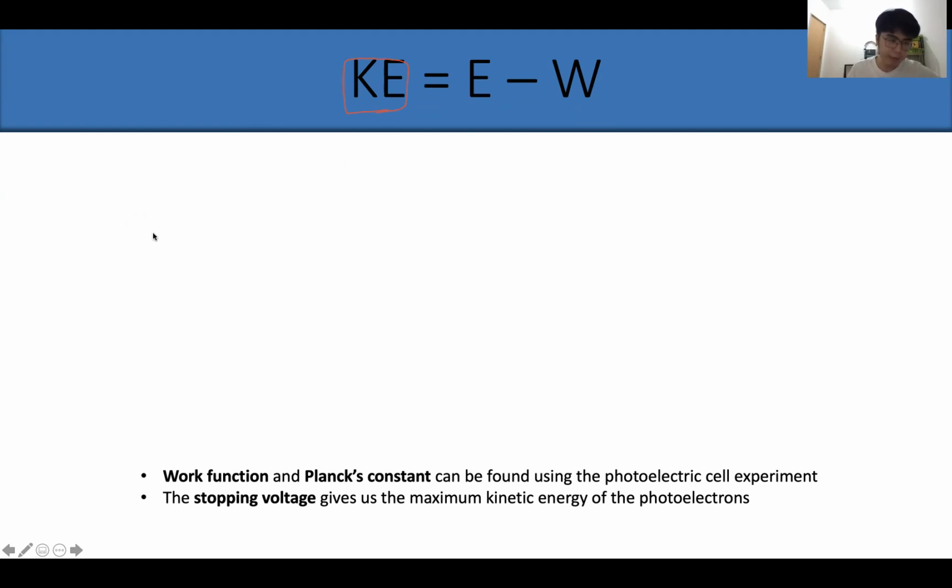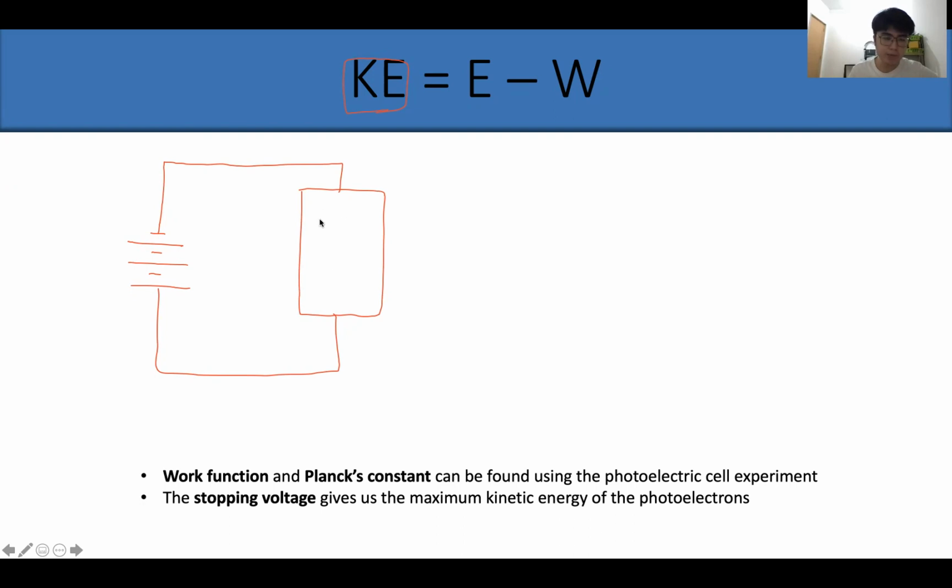We put a variable voltage. We make a circuit like this. We put a photocell. Basically, it's like a tube, with vacuum inside, an evacuated tube.